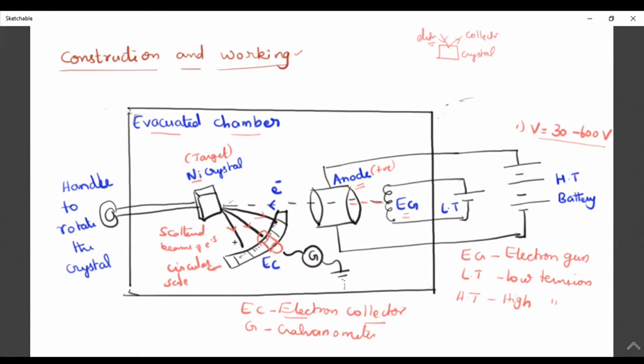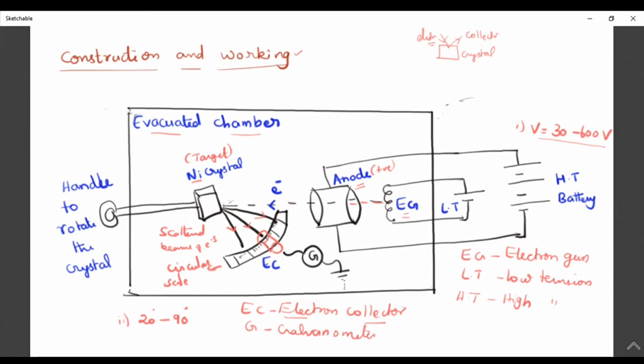To collect the scattered beams from all directions, the electron collector is fixed over the circular scale. The electron collector will move along the circular scale and collect the scattered beams from different directions. It can move from 20° to 90°. This is the next variable, the second variable.